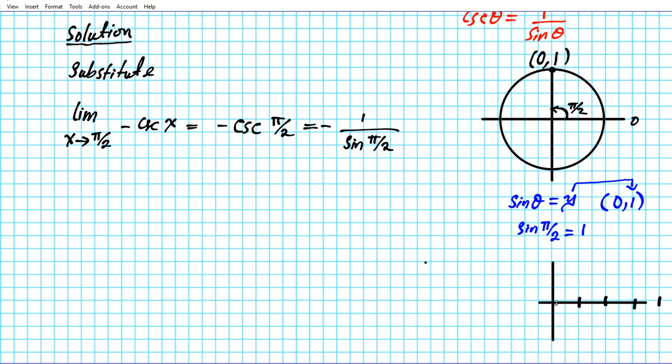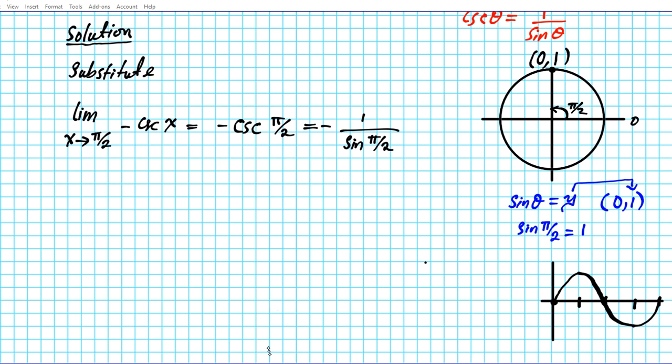Starting from 0, it goes up to 1, and then back to 0, and then down to negative 1. Let me try that again. It looks something like this, and then down here, and then right back to 0.